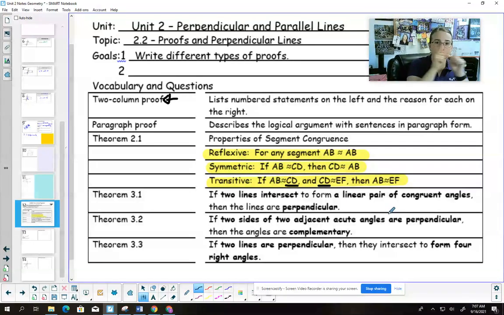If AB equals CD and CD also equals EF, then these two are connected by being equal to CD, so they are equal to each other. AB is equal to EF. We call that transitive property. If one thing equals something and that something equals another thing, those two things on the ends are also equal.